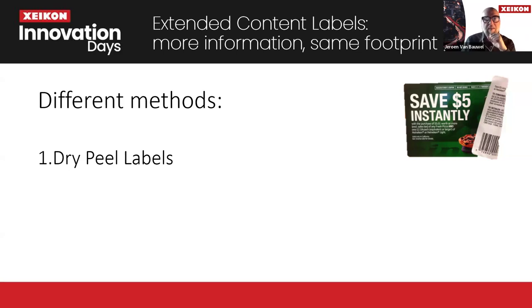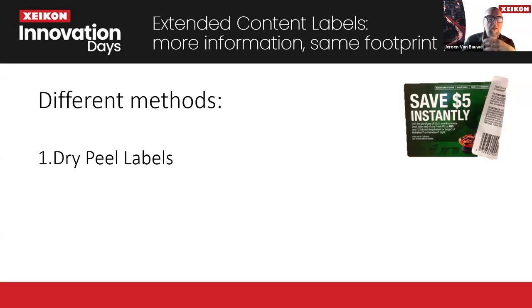And the first category is the so-called dry peel labels, which are typically removable labels applied on top of the primary packaging. And the top layer can be peeled off cleanly, ideally without any glue residue. And often that top label carries promotional or functional value.